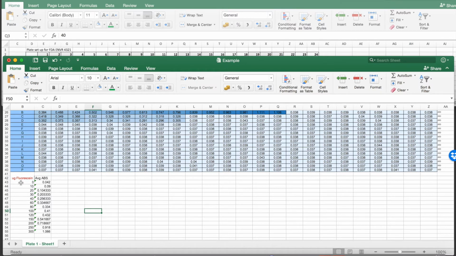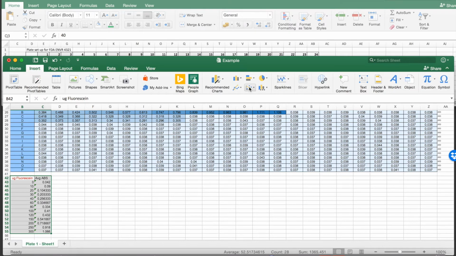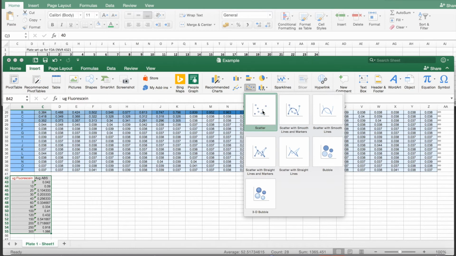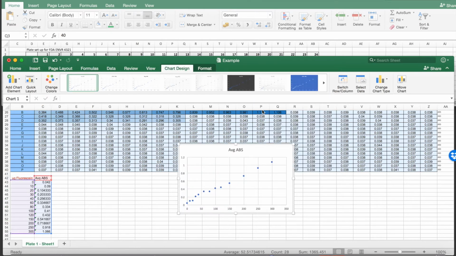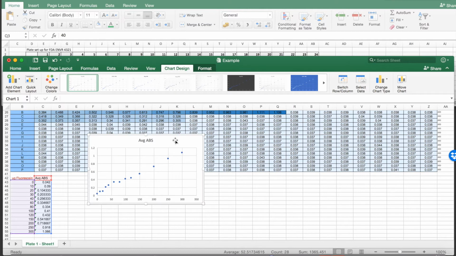What is the trend of this data distribution? So we selected everything, and then we go under insert, and then we ask for scatter plot. On the x-axis we have the concentration of the standards, and on the y-axis we have the absorbance.